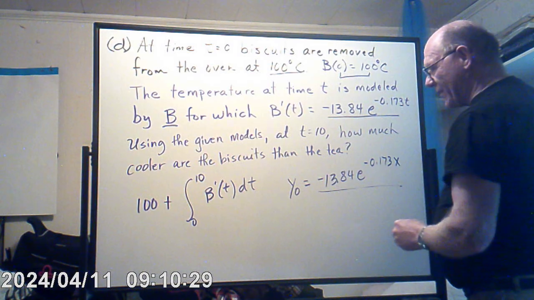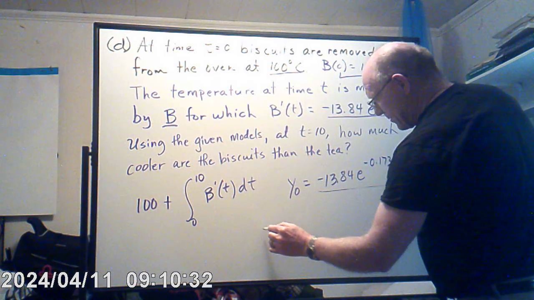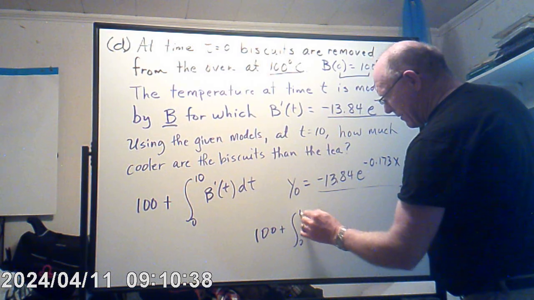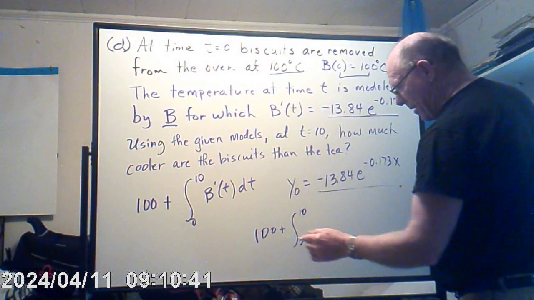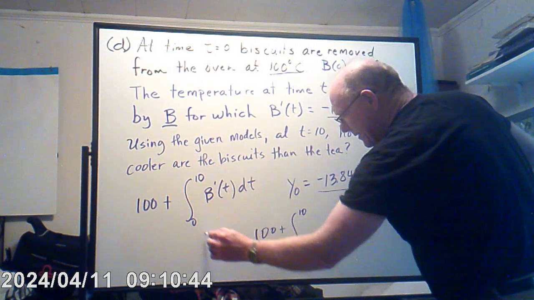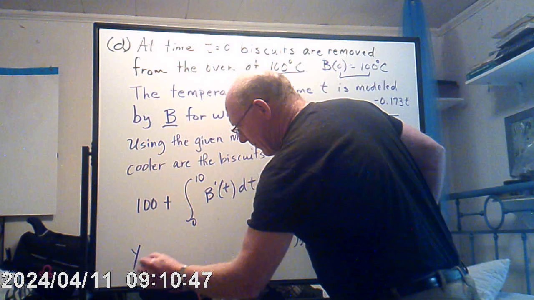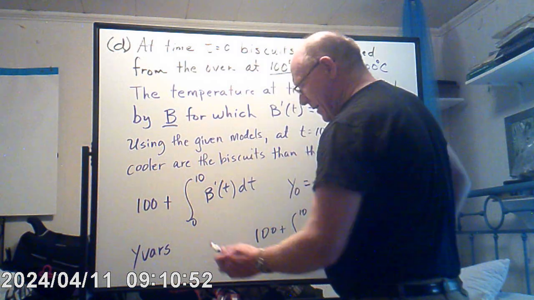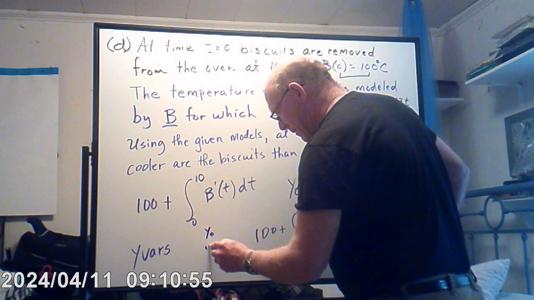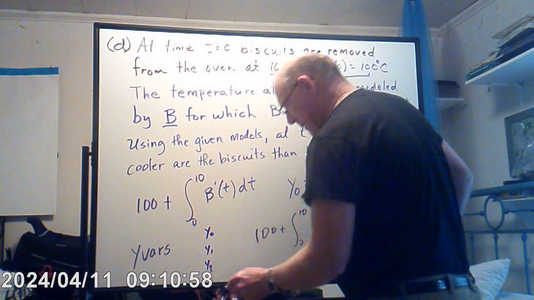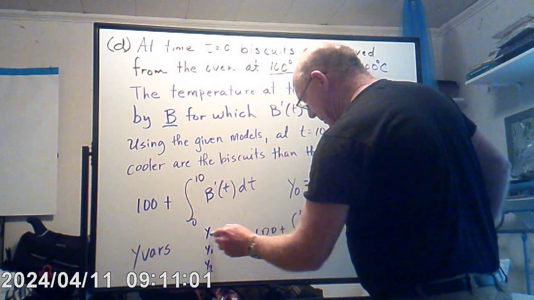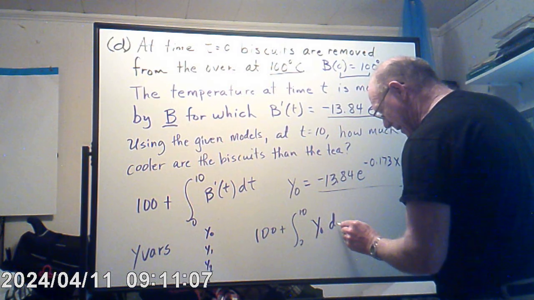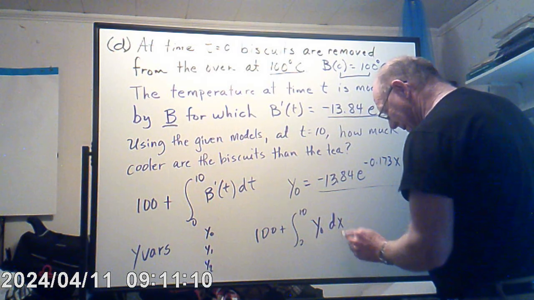You do that first, and then if you can get to 100 plus integrating from 0 to 10, then you call up Y vars. It's going to come up with a screen, Y0, Y1, Y2, etc. You choose Y0. In my case it's Y0. So Y sub 0, d, and in this case it'd be x.